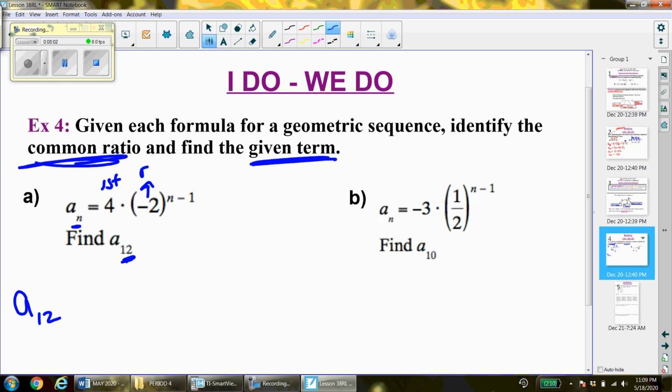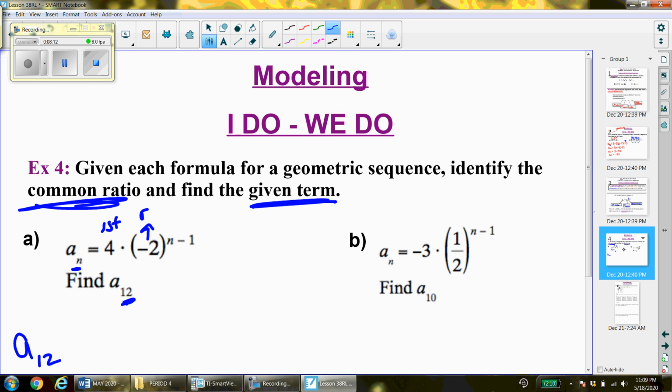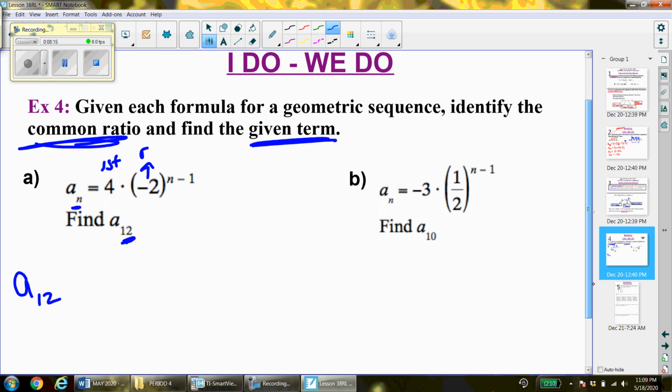So remember what our notes said. To determine the common ratio, you must divide the second term by the first term. So we identify the common ratio.